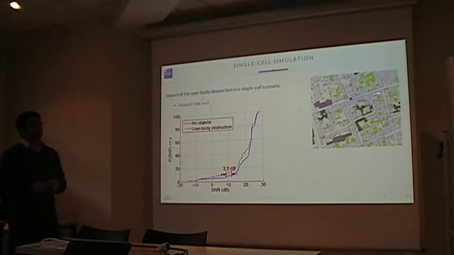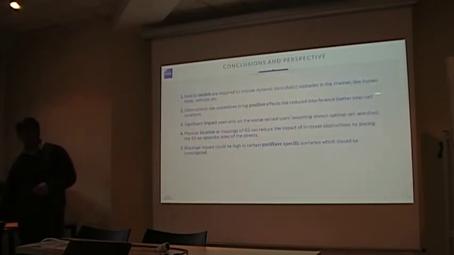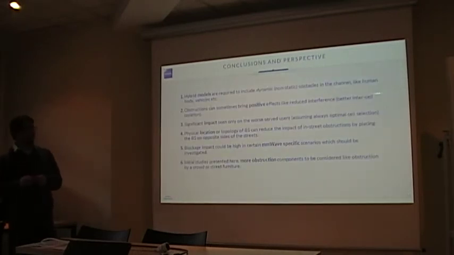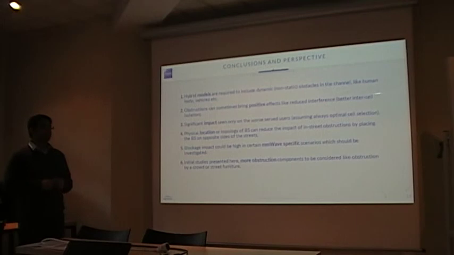Okay. I mean, the other thing is, if you go to the conclusions, so it's very good to have this kind of simulators because you can really get very, very good results. But if I look at the conclusions, somehow if I read them, I found them somehow expected.